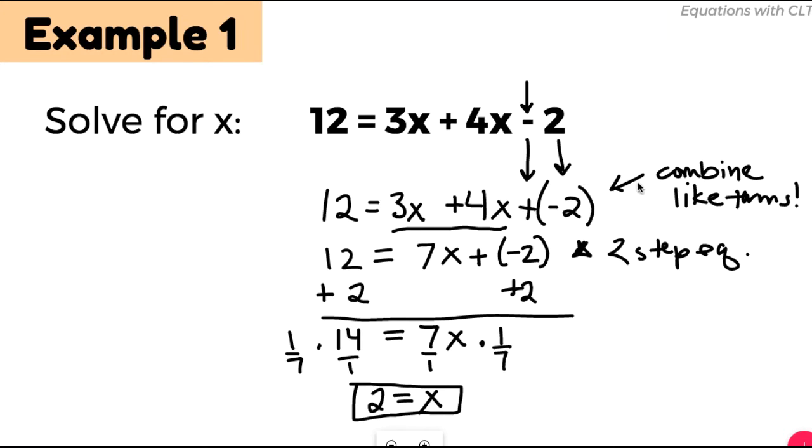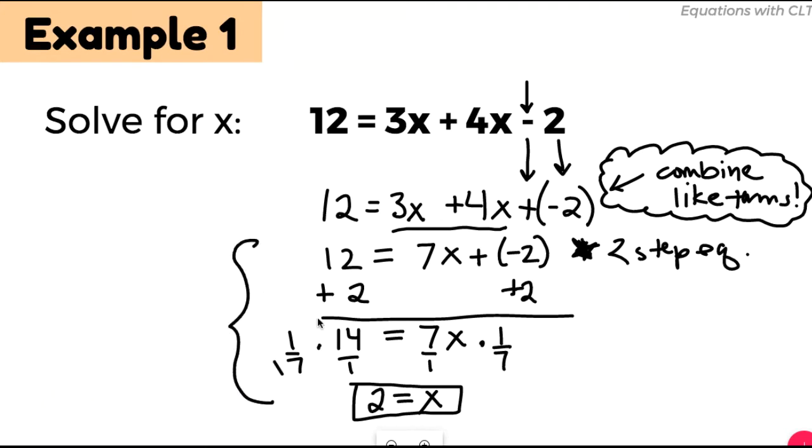So remember, once we do our simplifying step here, combining like terms, then I have a nice two-step equation, something that you've seen many, many times. And this section right here is major review.